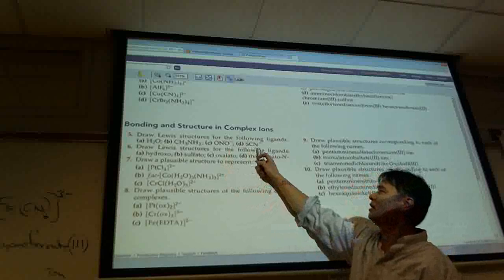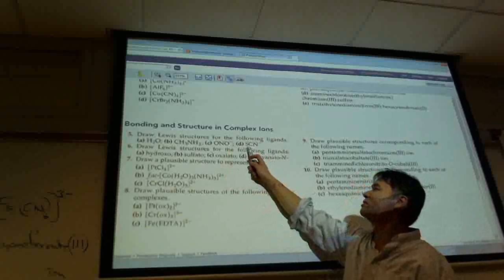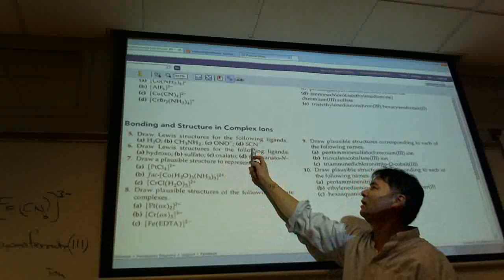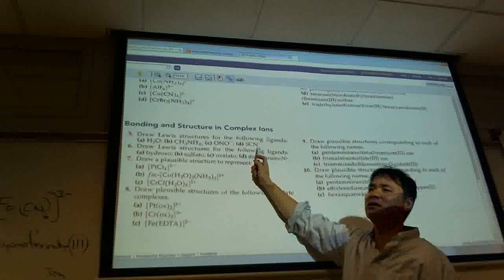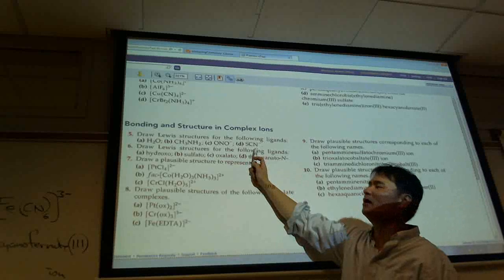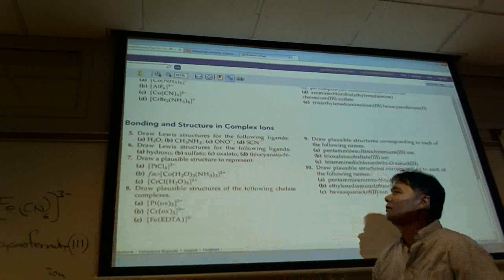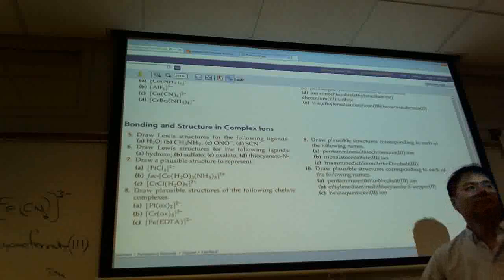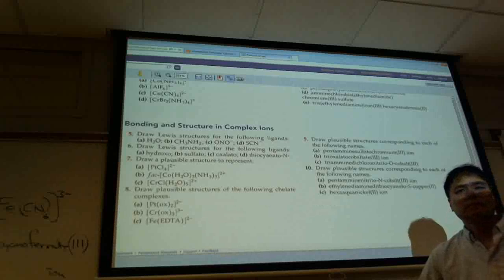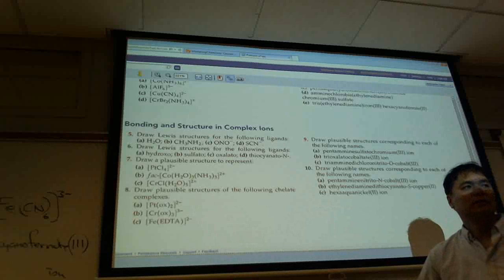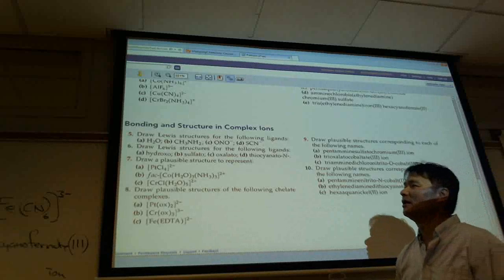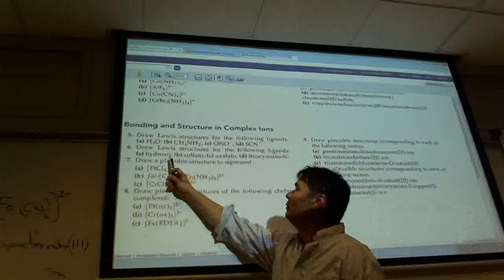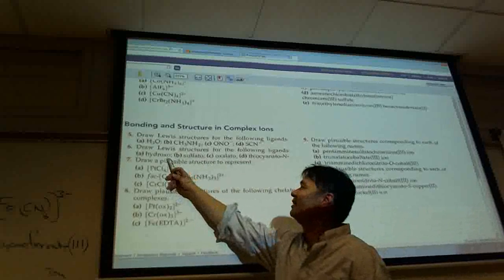This one is cyanate, but with a sulfur, so it's called thiocyanate, and we don't know if it's S or N. Doesn't the nitrogen come first, or sulfur first if it's sulfur? Okay. But both of those, okay, that's fine. Hydroxo is what? Hydroxide. OH.